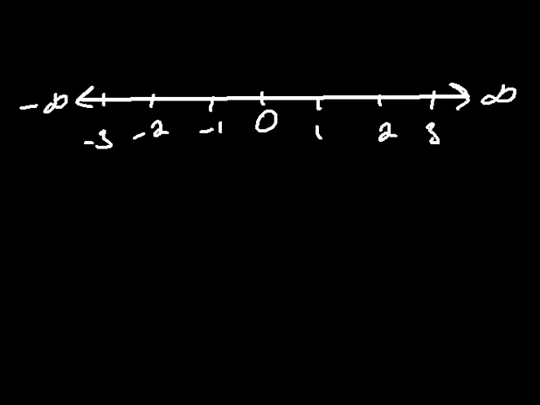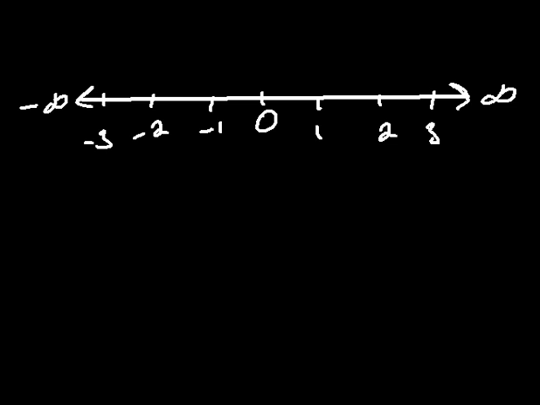And I can also say -2 is less than 0, which is true. And let's say -3 is less than 1, which is true. So that's how you have to understand the relationships that exist between the numbers on the number line. And these relationships can be expressed using what we call the inequality symbols.